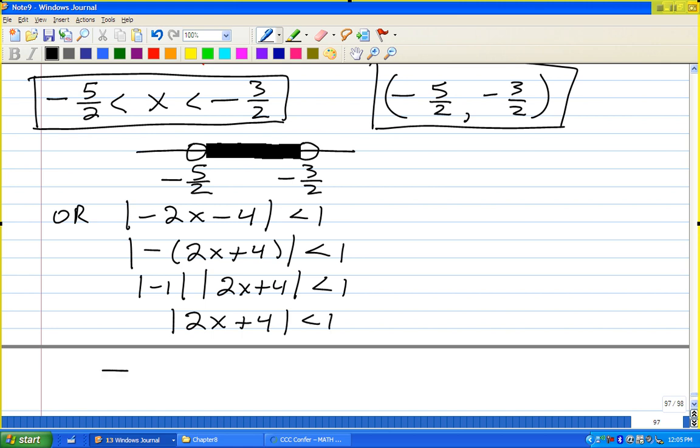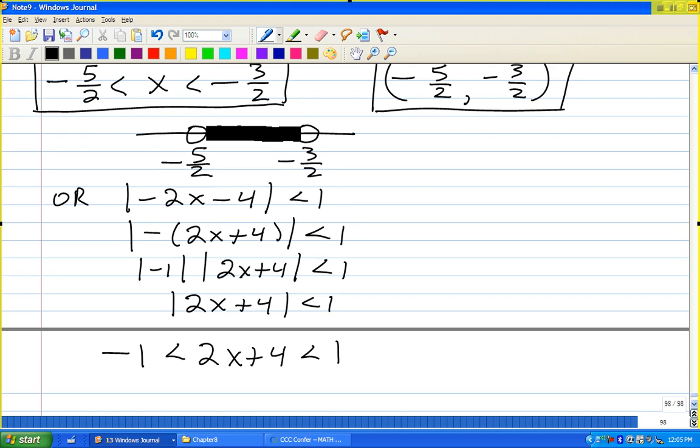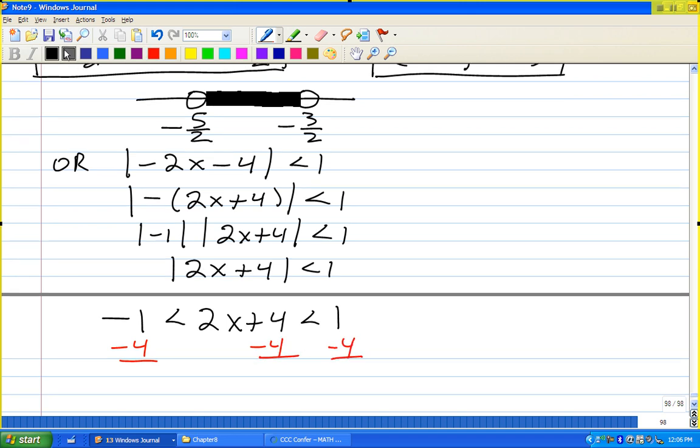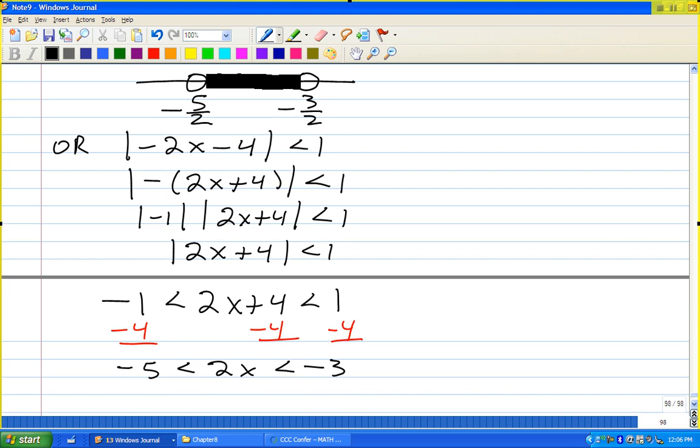So this says that what's inside, 2x plus 4, is between 1 and -1. Subtract 4 from all sides of my inequality. And so I have that -5 is less than 2x is less than -3.